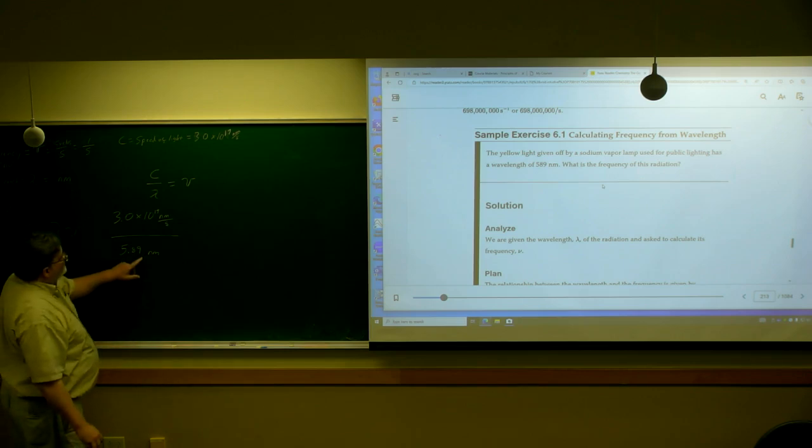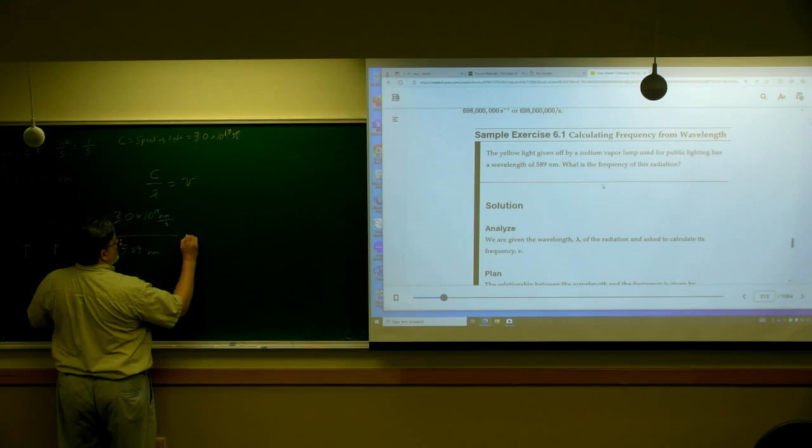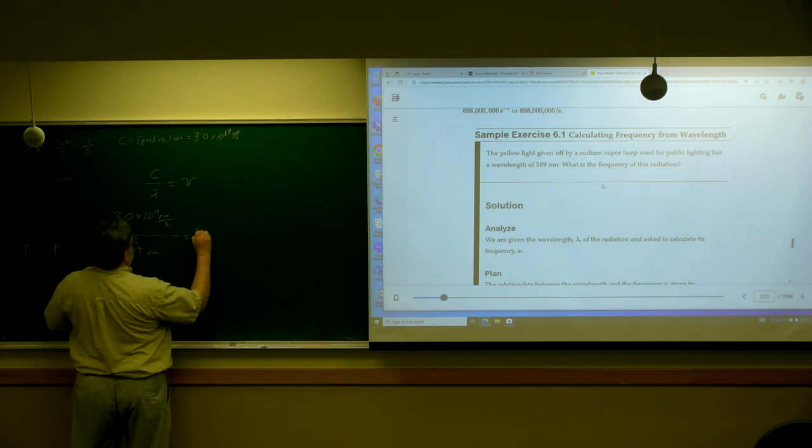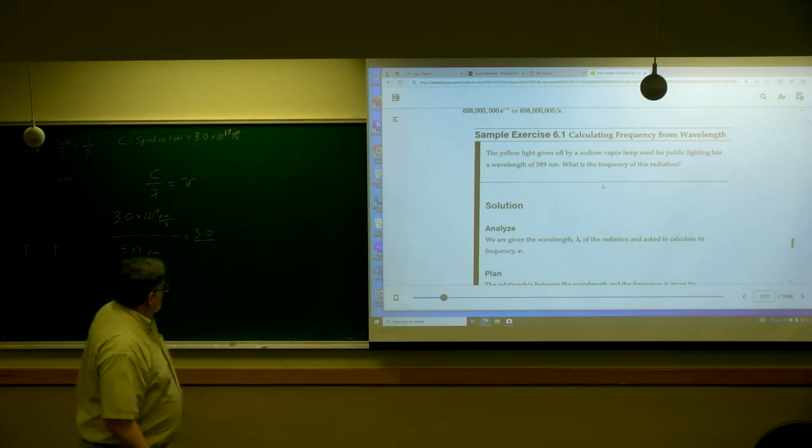The nanometers are going to cancel, and we'll have seconds on the bottom. But I would do it like this. Let's say 5.89, no, 589.